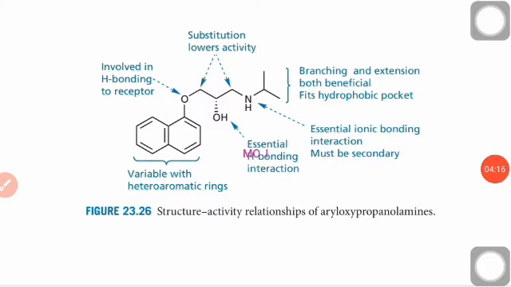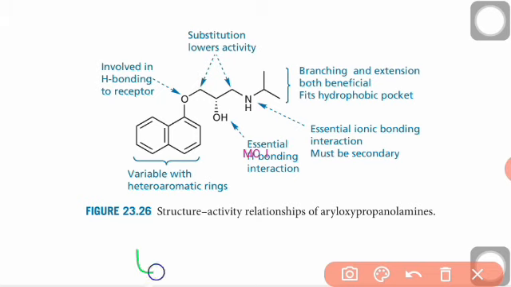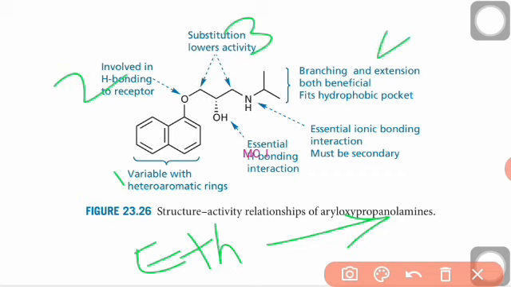We have seen how ethanolamine converted to propanolamine has beta blocking activity. Now we shall see the SAR. These are the 1, 2, 3, 4, 5, 6 points you have to remember.